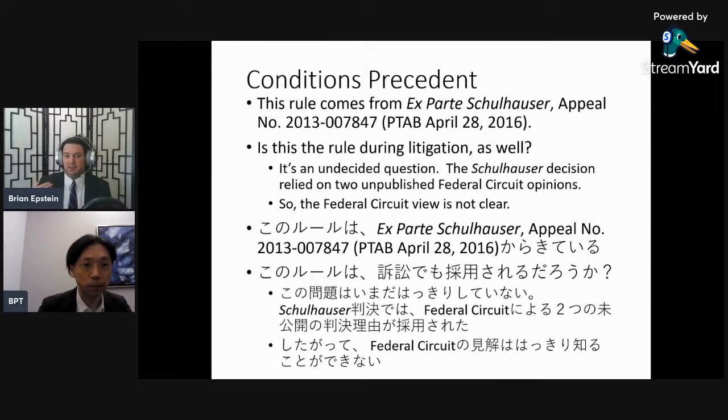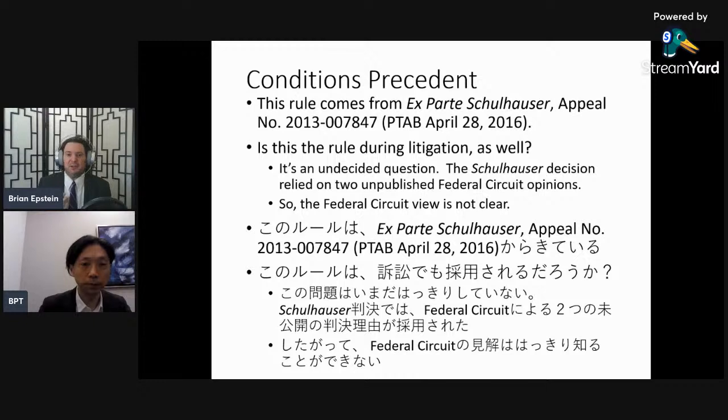I think the fact that they are unpublished also suggests that the Federal Circuit did not intend to make a blanket rule that if is different than only if. So at the very least, the Federal Circuit view is not clear, right? They haven't published a decision on this specific point.